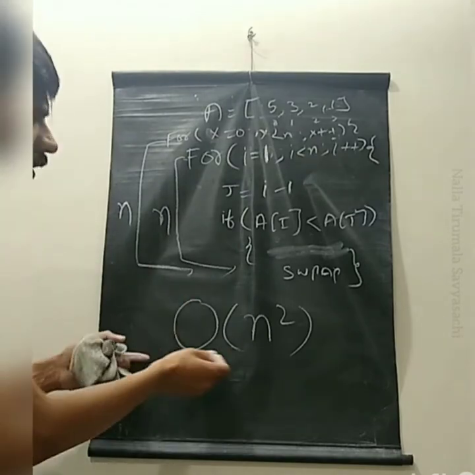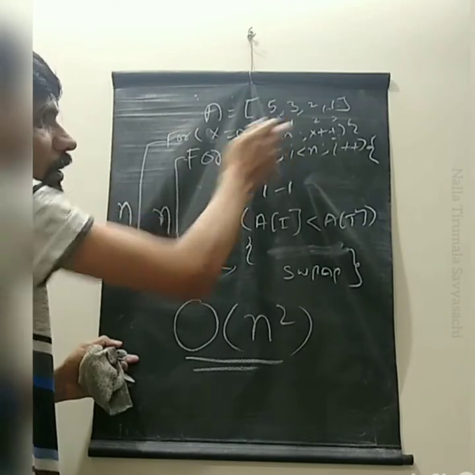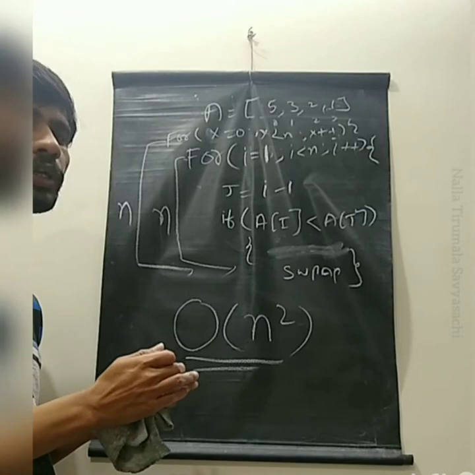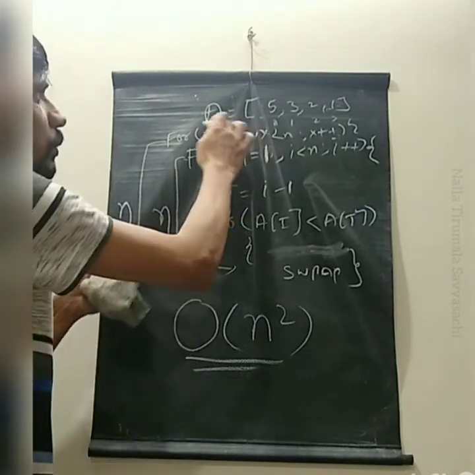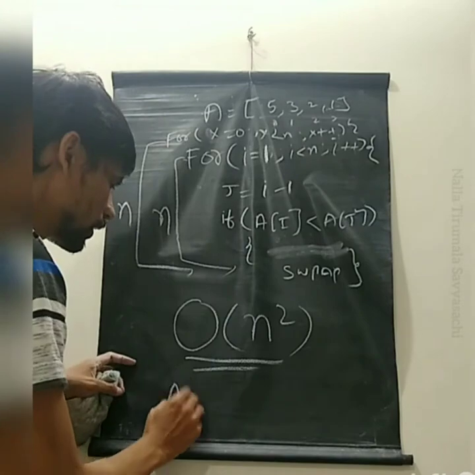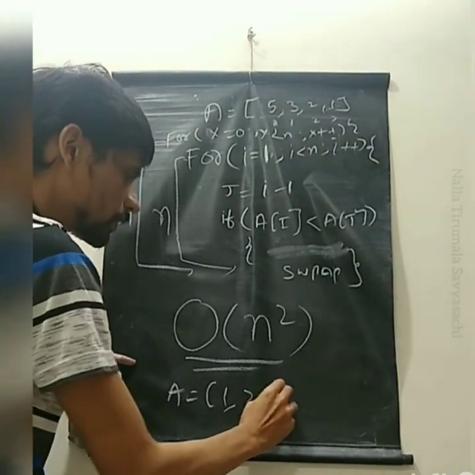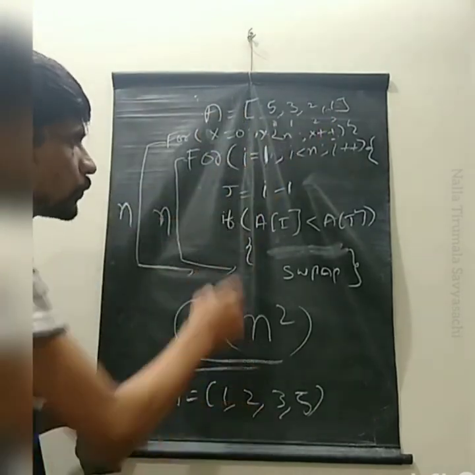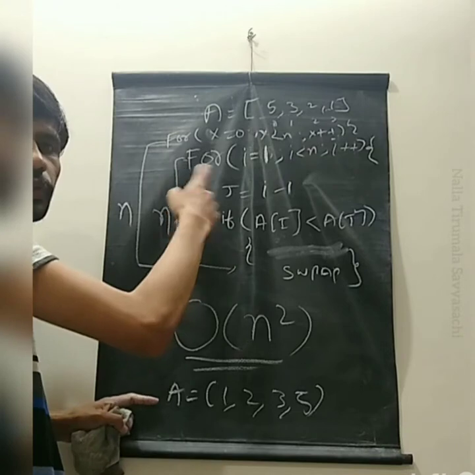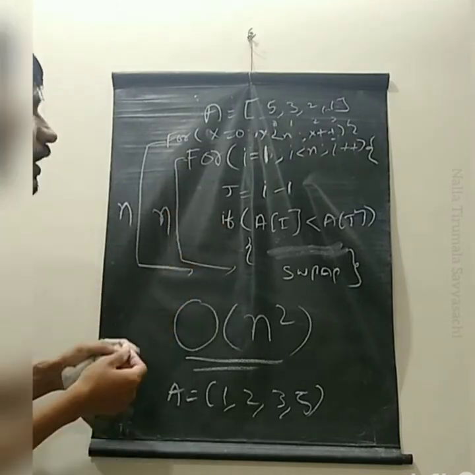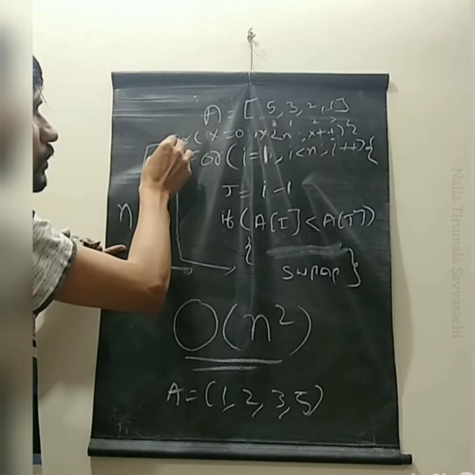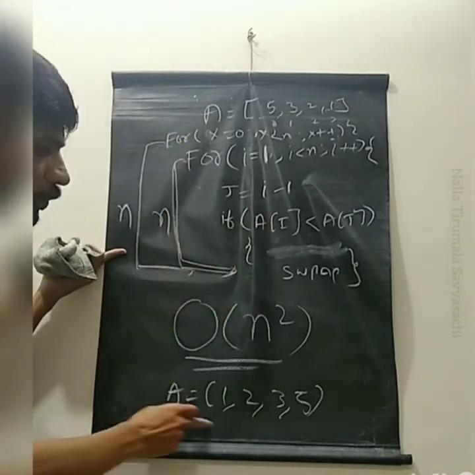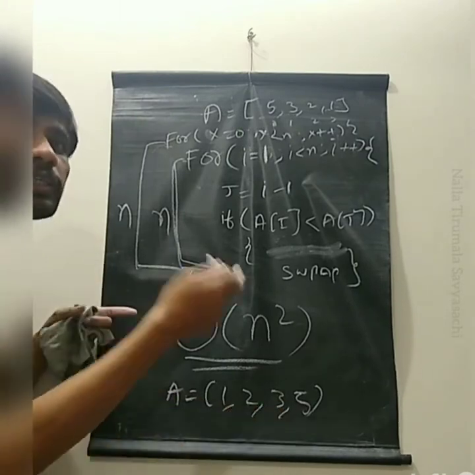Let's imagine, for example, instead of this, if I give A equals 1, 2, 3, 5 to this code, what will happen? This for loop will execute n times, this for loop will execute n times, even though my given input is already in sorted order.